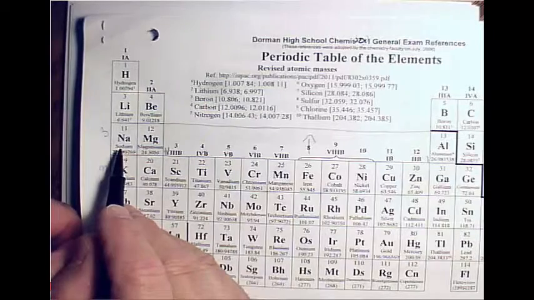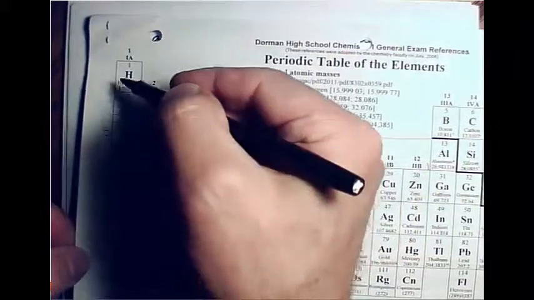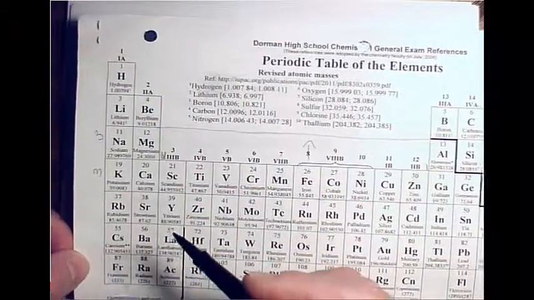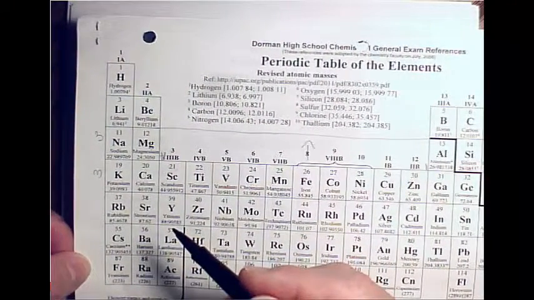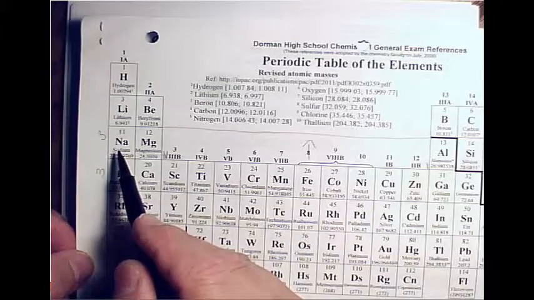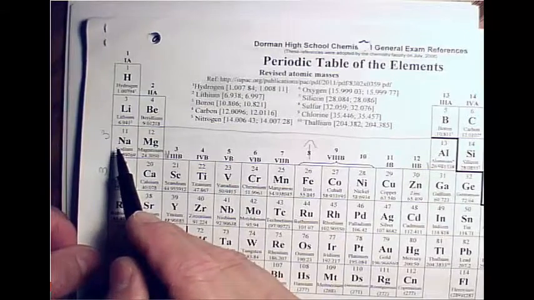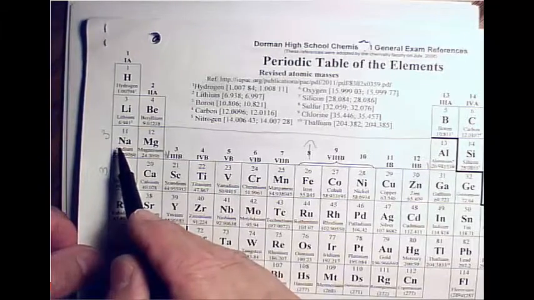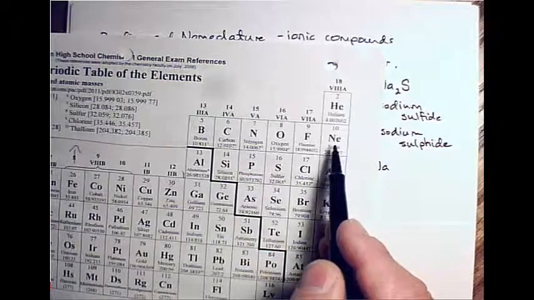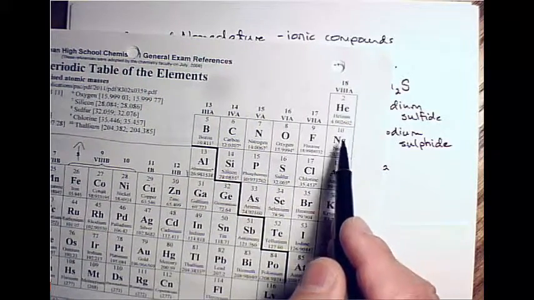Do you agree with that? Because it's in this first column of the periodic table. All these elements in this column have 1 electron in their valence levels. So in order for it to get to a full outer energy level that has 8 electrons, following that octet rule, it could lose 1, and just by losing 1, it already has the electron structure of neon, which has 8 electrons.